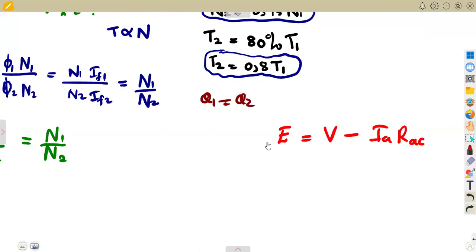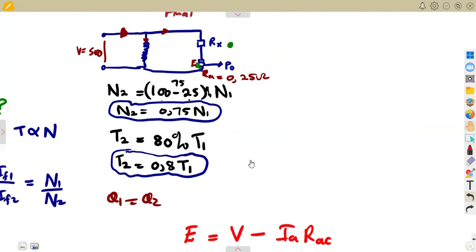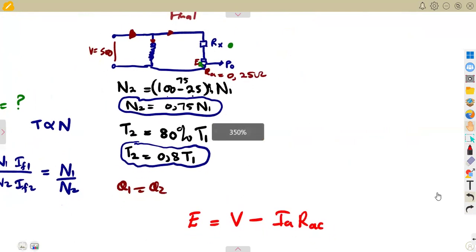So in the armature circuit, according to this final circuit, you're going to consider this as E2, armature current 2. This is the resistance of the armature circuit. Having the armature current 2 in this case, you're going to see the resistance of the armature circuit consists of two things.